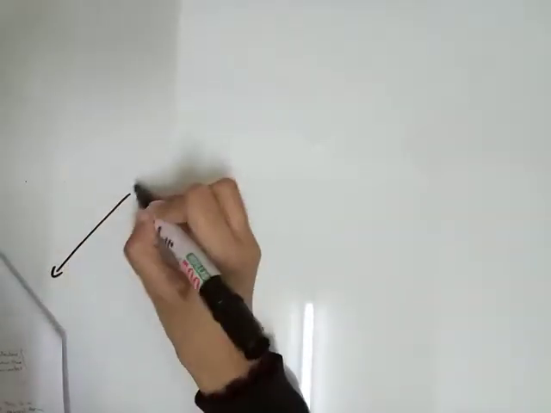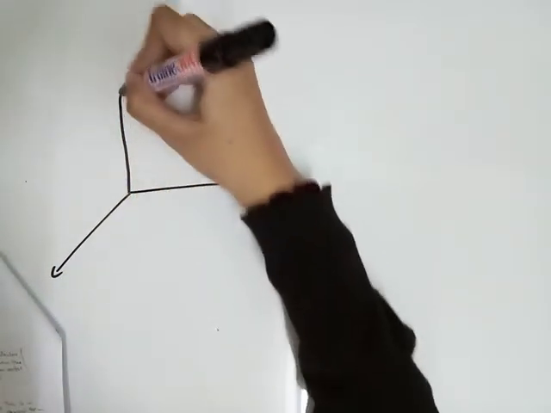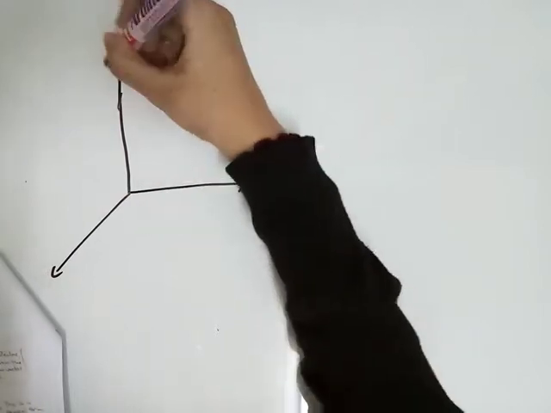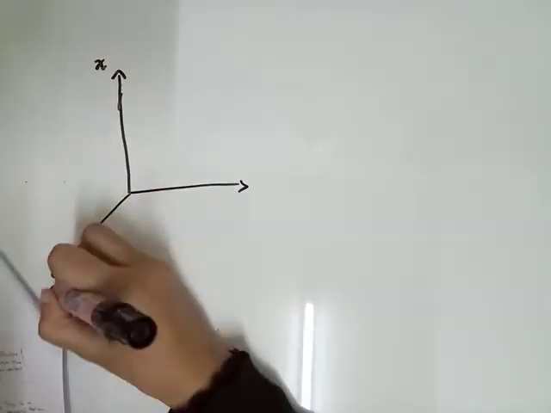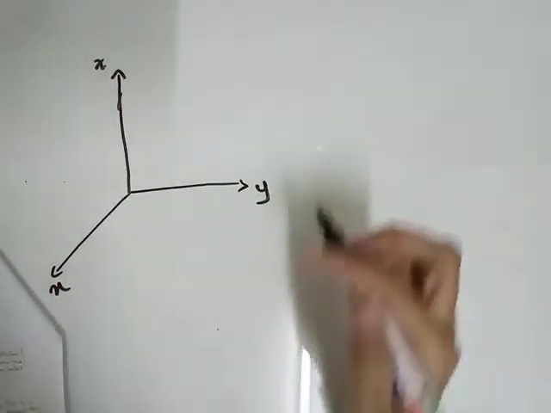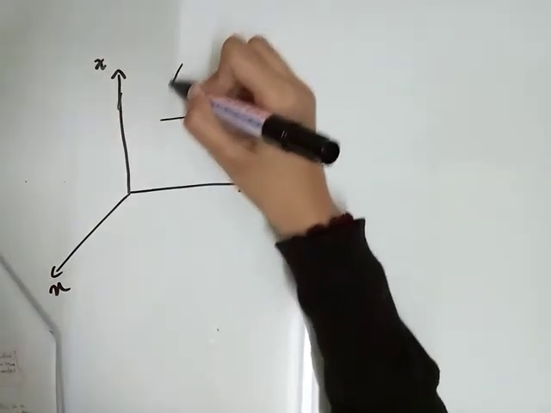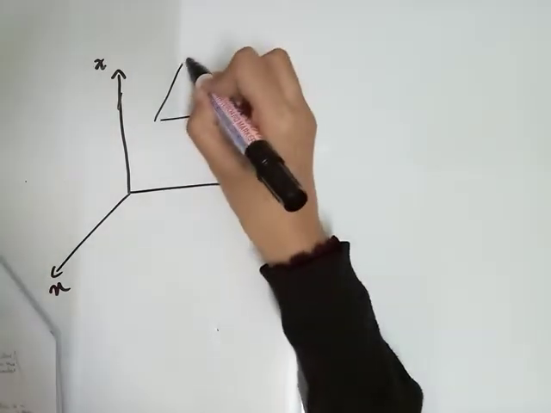Let's start with the 3 dimension. This is the z axis, x axis, y axis. Then I'm going to draw a plane in this region.